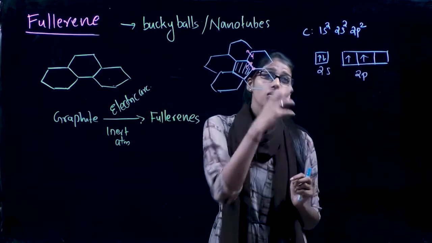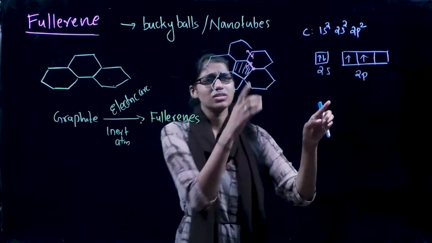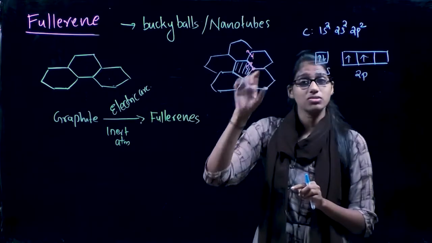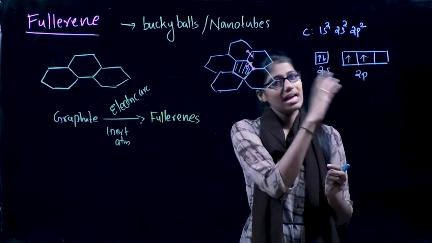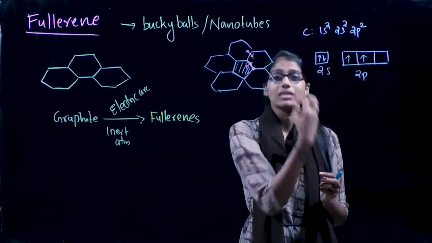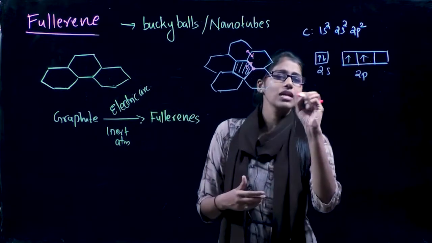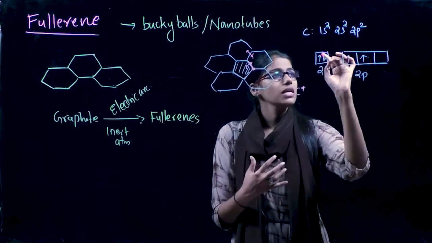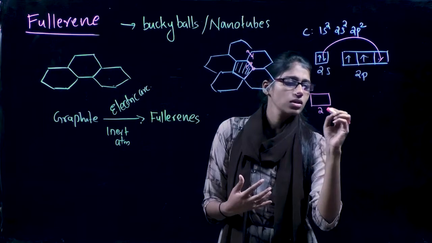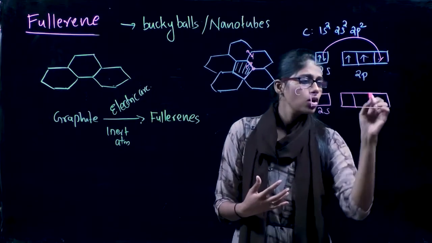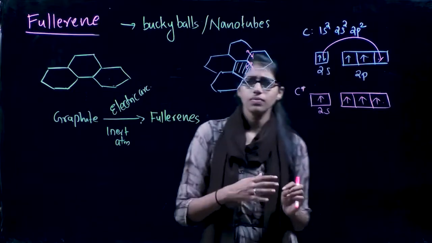Does the carbon require excitation? The answer is yes, because in this structure carbon needs 3 unpaired electrons, but in the ground state it has only 2 unpaired electrons, and the remaining 2 electrons are in the paired condition. So excitation is a must here. After the excitation, the electron gets excited into the 2p orbitals, so you have the 2s and 2p orbitals where now you are getting 4 unpaired electrons.